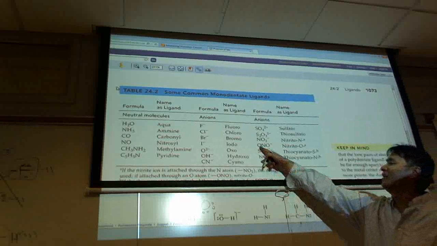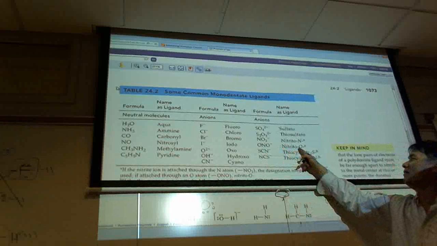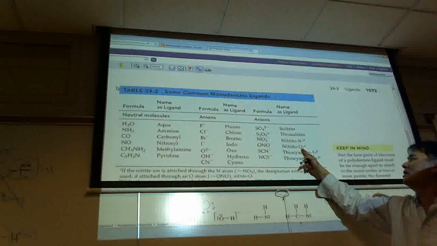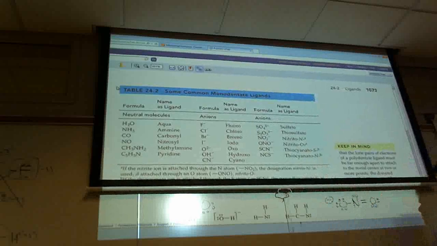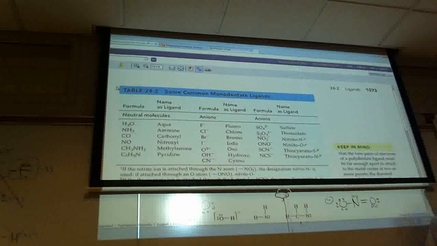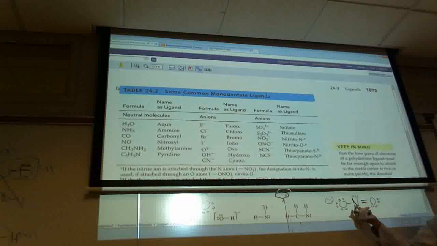And in fact, it can bond that way. When it bonds to the oxygen, we call it nitrito-O. That's to indicate it's bonding to the oxygen. But because of the orbitals, making these molecular orbitals is more complex than just simply looking at negative charge density. Nitrogen can also be the donor atom, and typically it's the nitrogen that bonds.